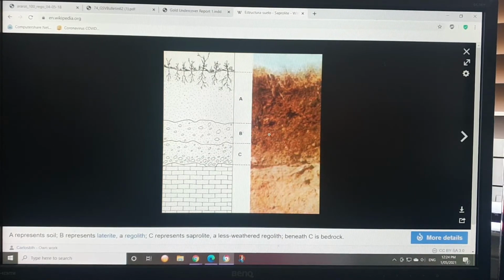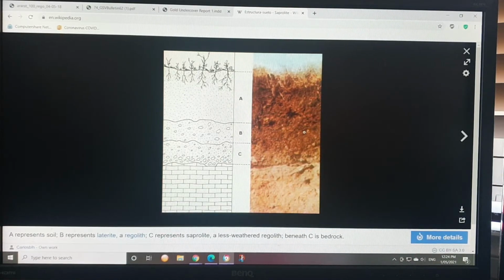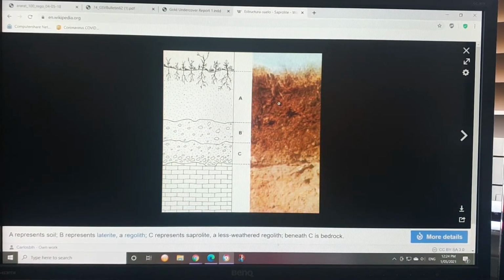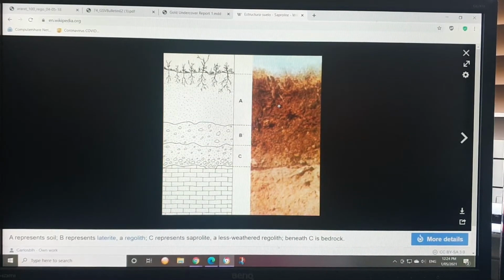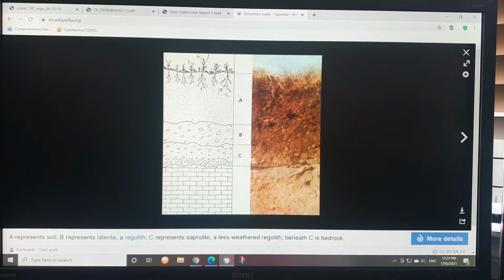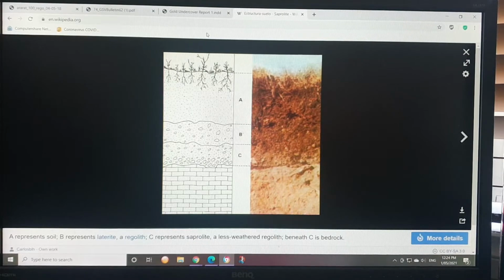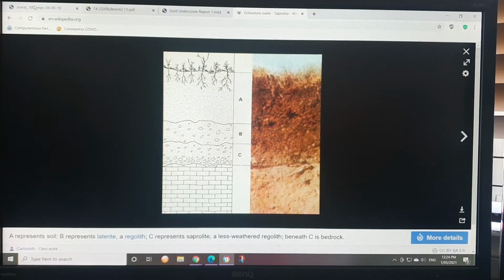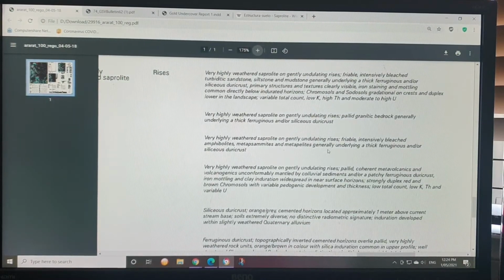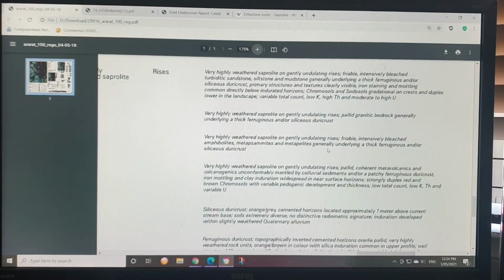Regolith is more eroded and weathered rock, but not as weathered, probably with organics starting to form in it. The soil is totally broken down rock, not much rock clast in it, and you've got plants up top. So that is saprolite here.